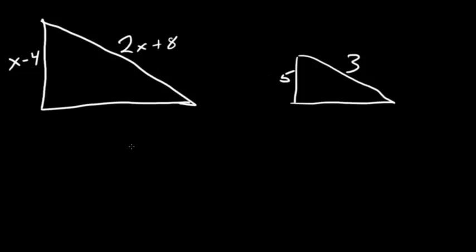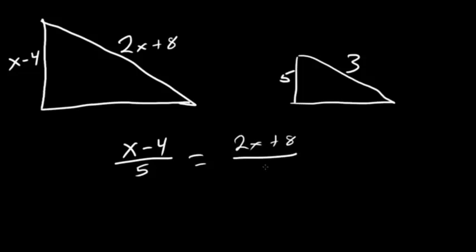So if we set up our proportion, we'll have something like x minus 4 over 5 equals 2x plus 8 over 3. And so we cross multiply, and we end up with 3 parentheses x minus 4.